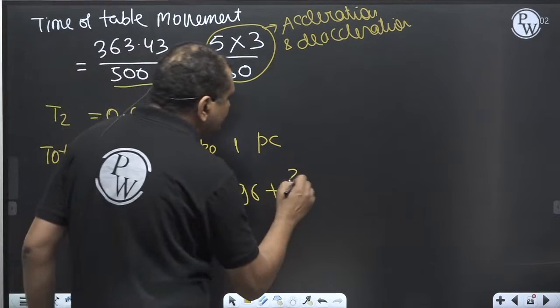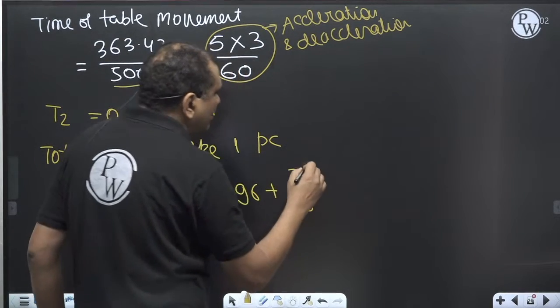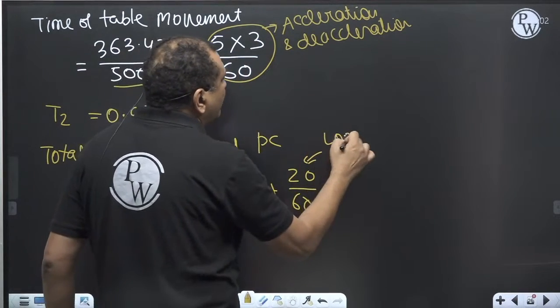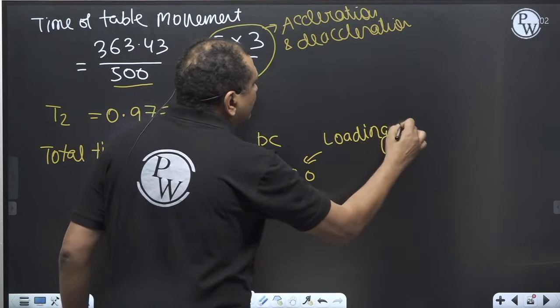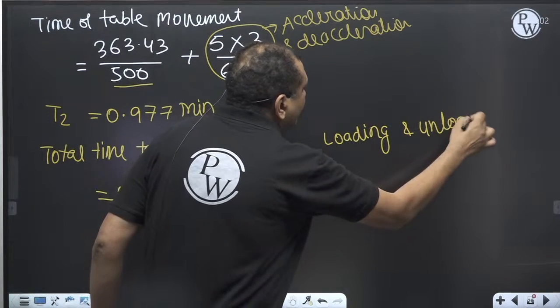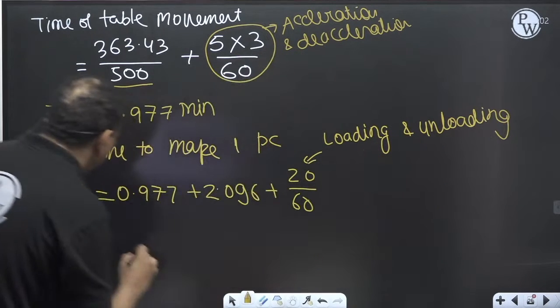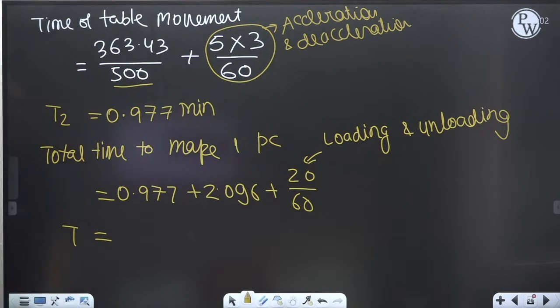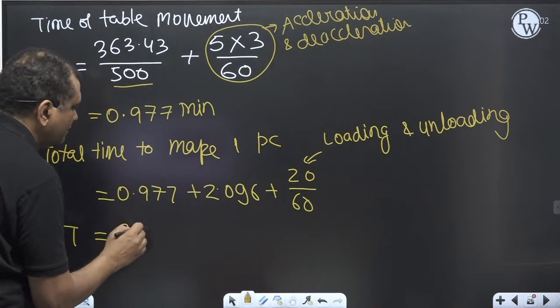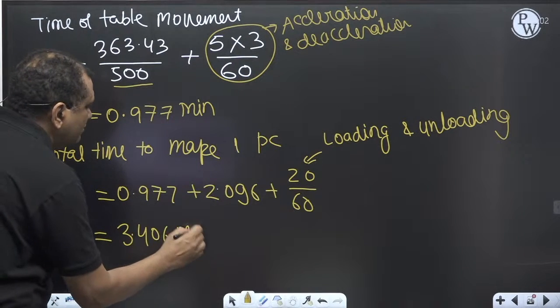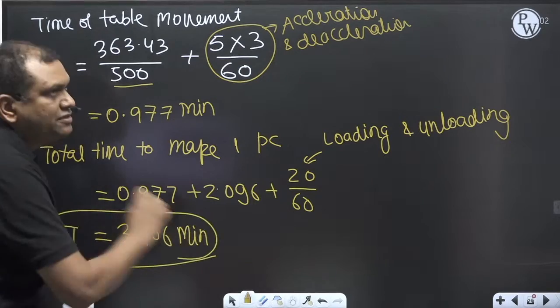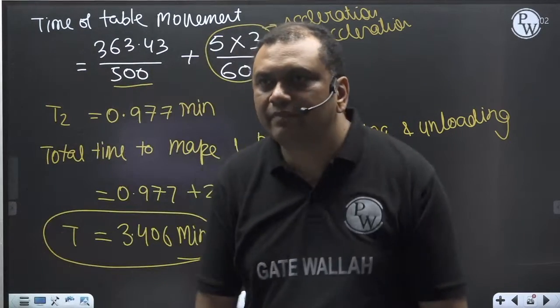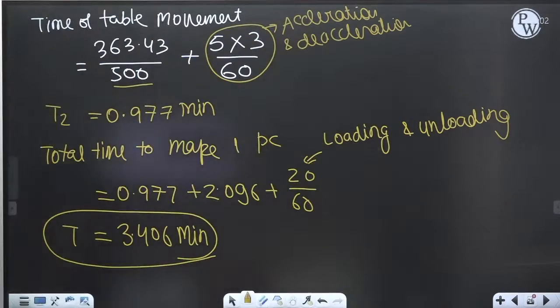So the total time consumed in making one product is 3.406 minutes.